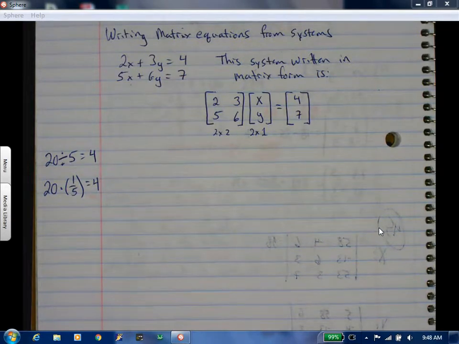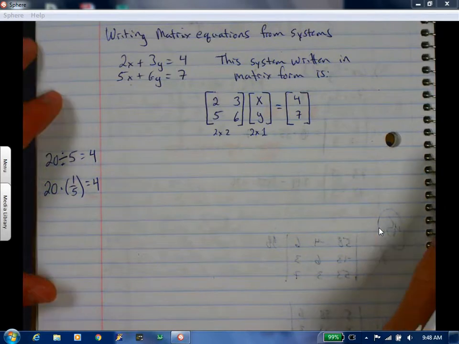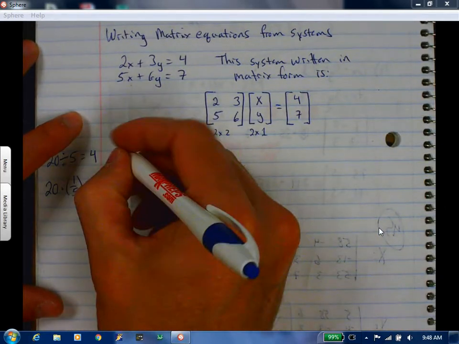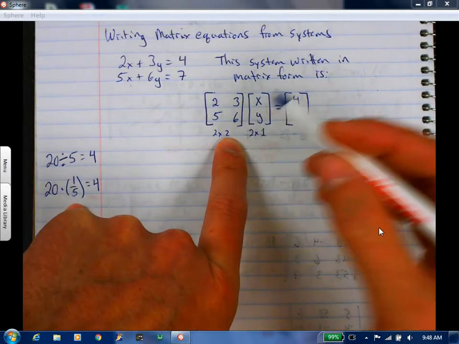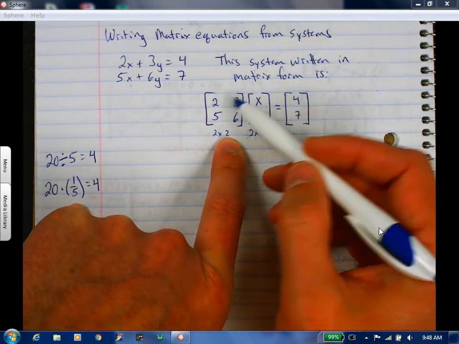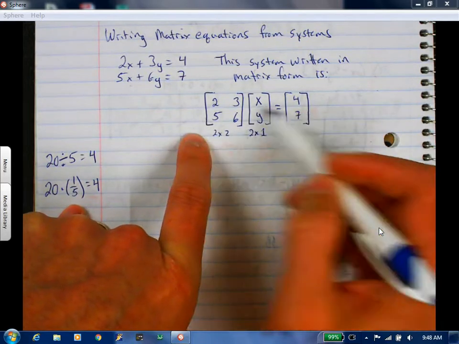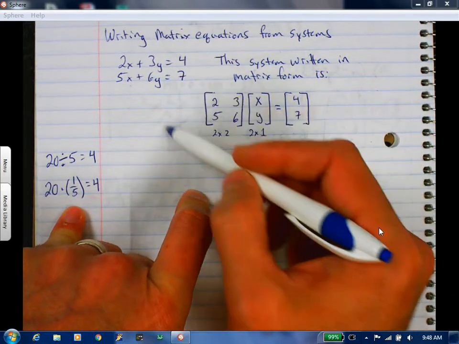If I add numbers and their opposites, what will I always get? 0. 5 plus negative 5, 6 plus negative 6. So what we'll have to have here is an inverse matrix that when I multiply it by the left side and the right side, this is going to cancel off.